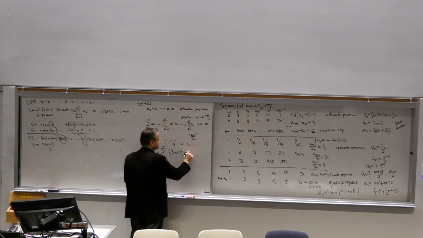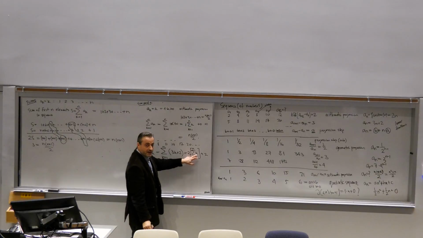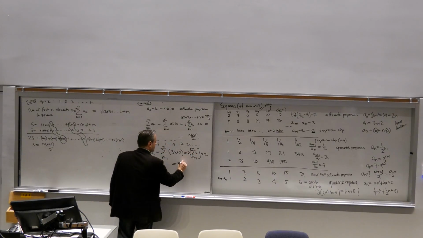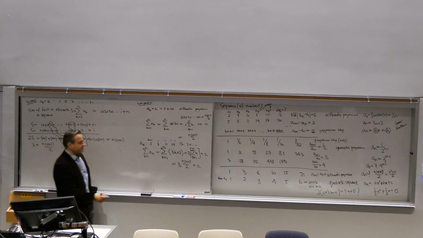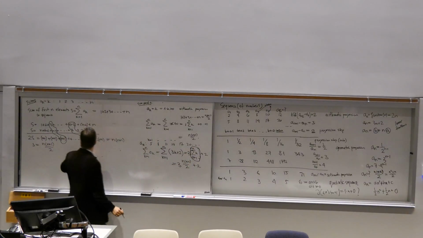So this is 3 times the sum from k equal 1 to n of k plus 2. Now if I know the formula for the basic arithmetic progression, which is here, that's going to be 3 times n(n plus 1)/2 plus 2, because this sum is the first sum we already computed. It's right here.